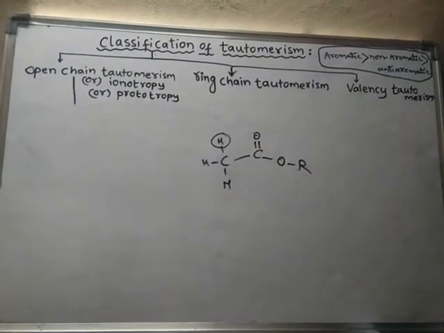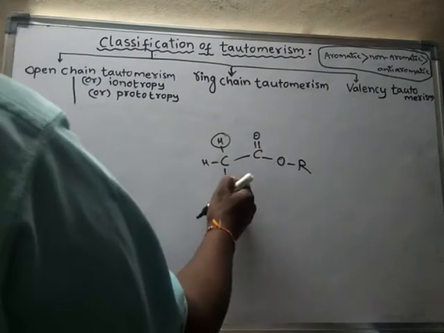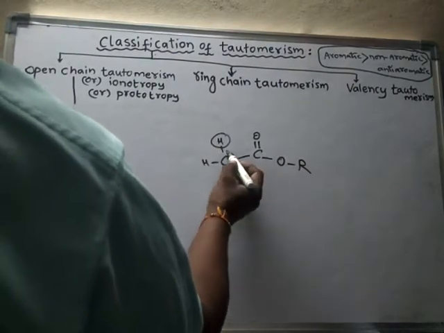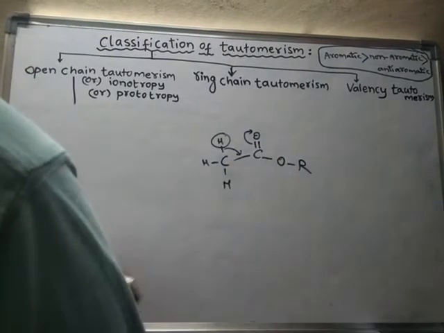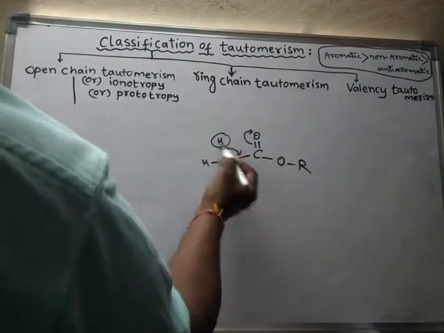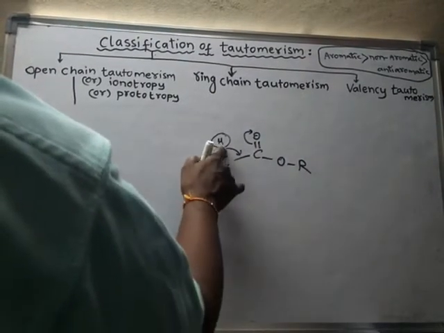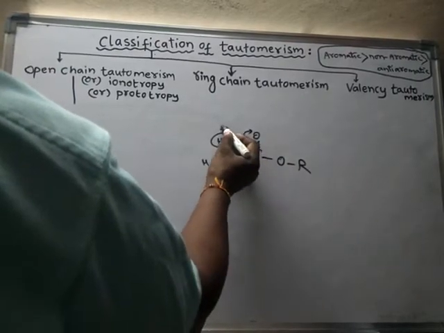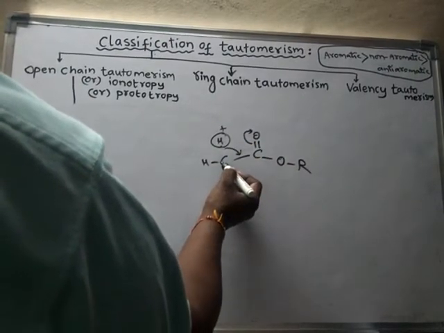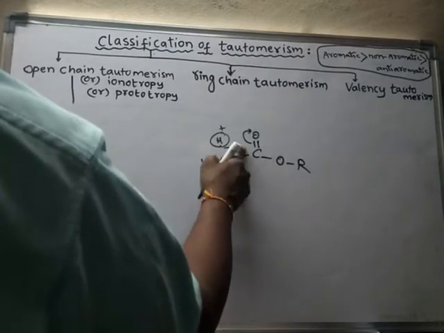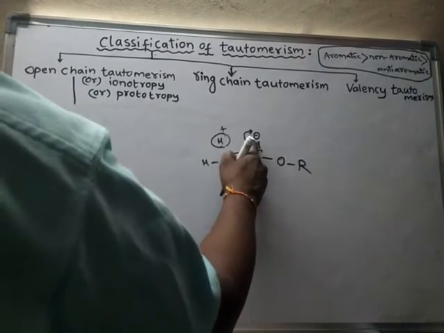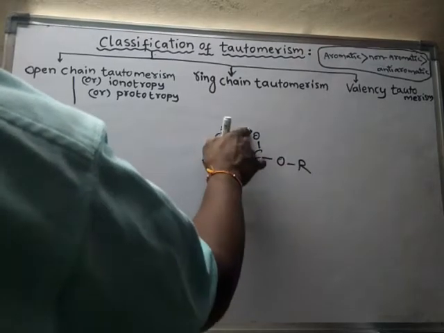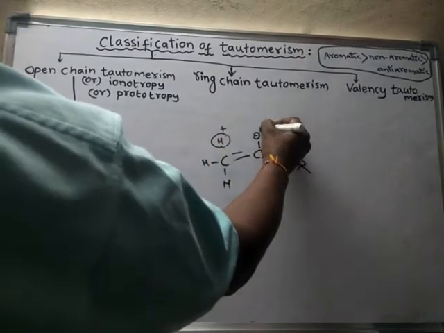And it cannot attach to here. So what happens actually during this process? During this process, this bond will shift here and this bond will shift here. Here it forms H plus, and this bond will form a negative ion on it.